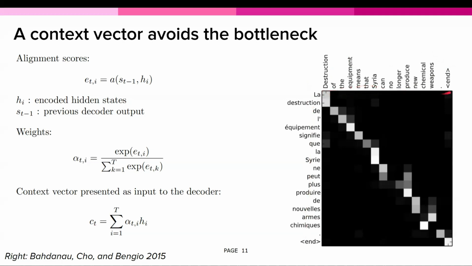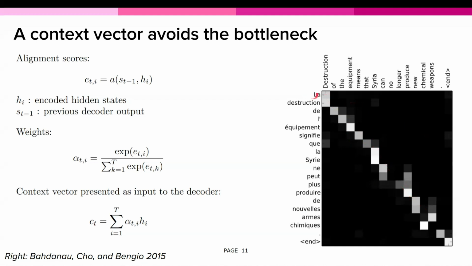What we've generated here is a matrix with the number of words in the input sentence by the number of words in the output sentence, and the colors represent the attention weights. Dark colors represent low attention weights, and bright colors indicate higher attention weights. So these might be close to 1, and these would be close to 0.